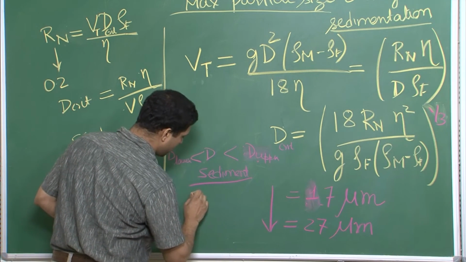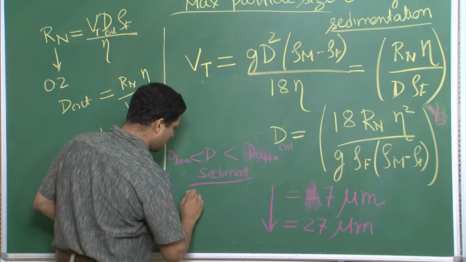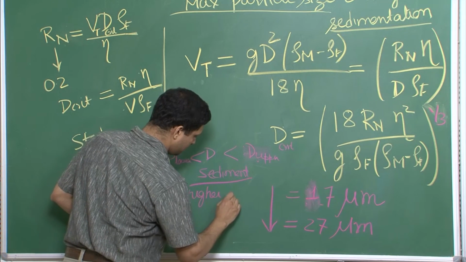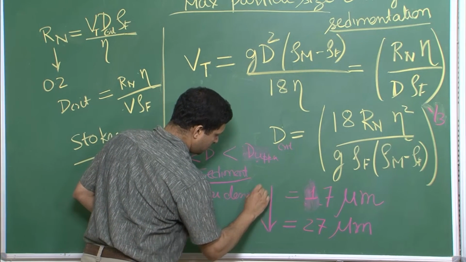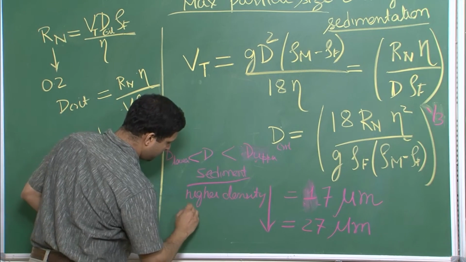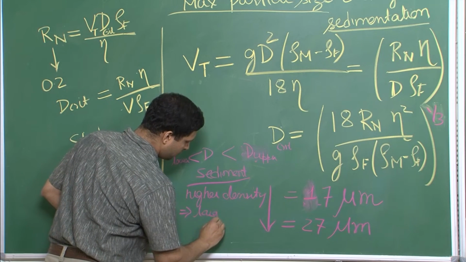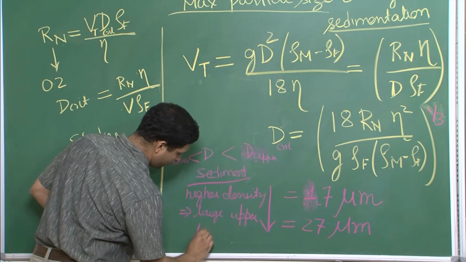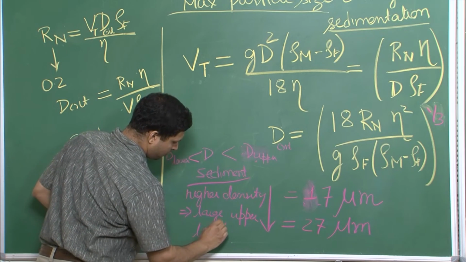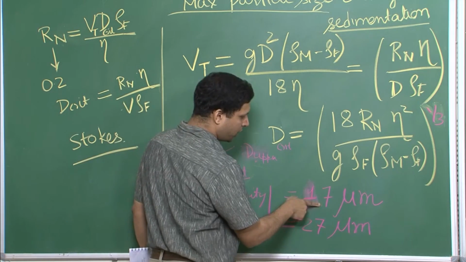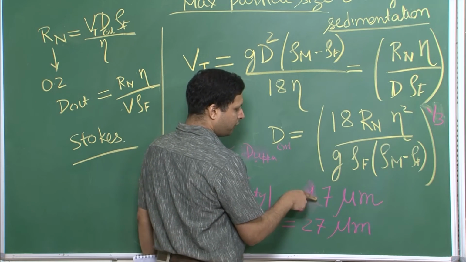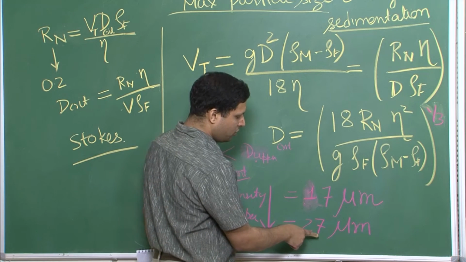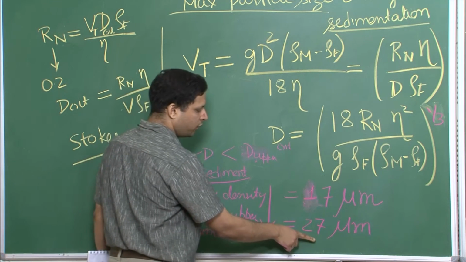Let us write down what has happened: a higher density implies a larger upper limit. Just one correction: we will get 17 micrometer for the first fluid and 27 micrometer for the second fluid, which is water.